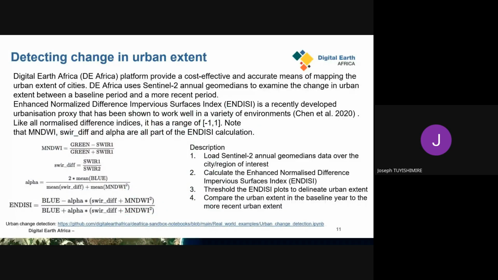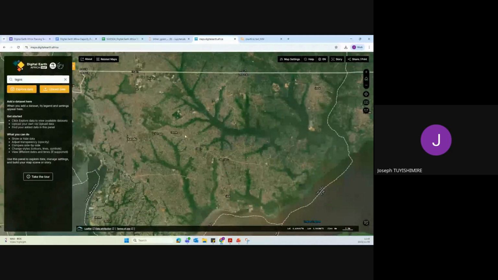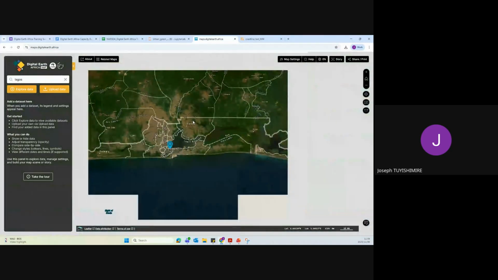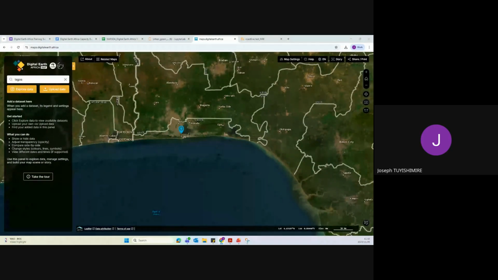So there are several notebooks in the sandbox, but once again, even if we go through visual interpretation, if you go into the Digital Africa maps, of course I always post the link in the chat.